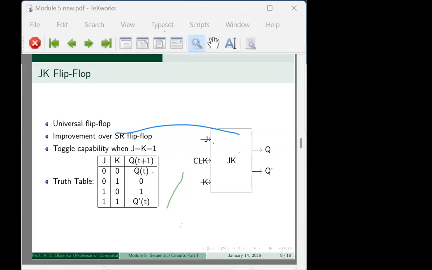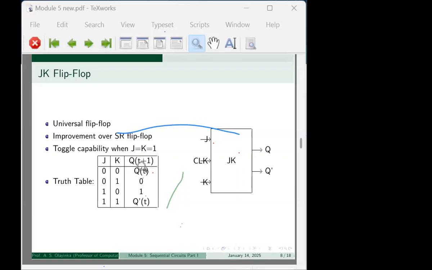So what does your J do? It causes the output to be set high when the clock signal triggers. Remember, this one will be a function of the clock now. And whenever K is high, it causes the output to be reset to 0.